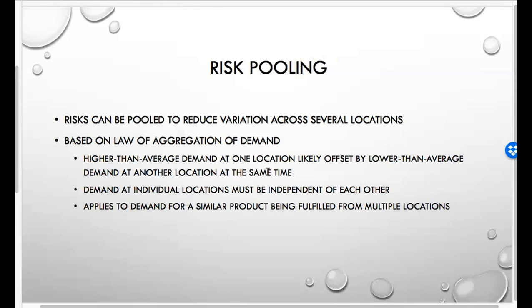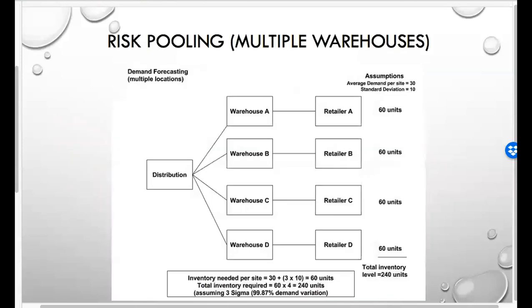So all the locations that you aggregate must have a similar product. So if you have a bunch of sites doing apples and a bunch of sites doing oranges, you can't aggregate all the demand because the product is different. And that's important. So the demand at the individual locations must be independent of each other, and the demand for similar products must be fulfilled from multiple locations. Must be a similar product. Very important.